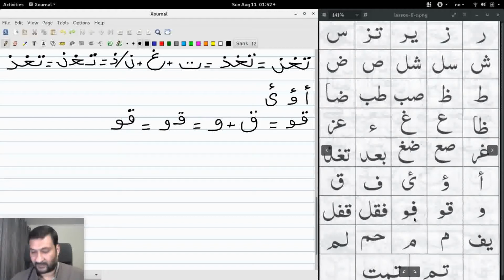Then is fa, vav. So if there is one dot on this round thing, then it's a fa, and it's a vav. So it's made up of fa plus wow.